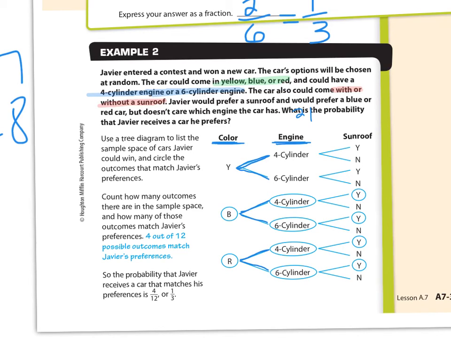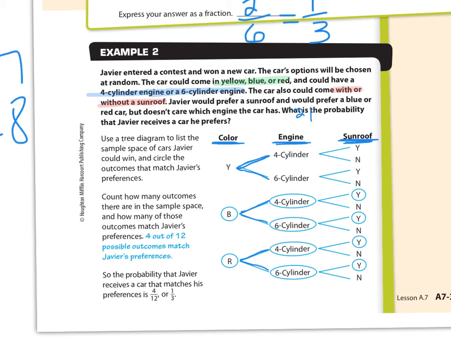There was also a third option for the car, and that was a sunroof. So we're going to have branches coming out to represent the sunroof. So if we look at this yellow option, you could get a yellow 4-cylinder car with a sunroof or a yellow 4-cylinder car without the sunroof. And then we can do the same thing for 6-cylinder. Yellow 6-cylinder with a sunroof, yellow 6-cylinder without.